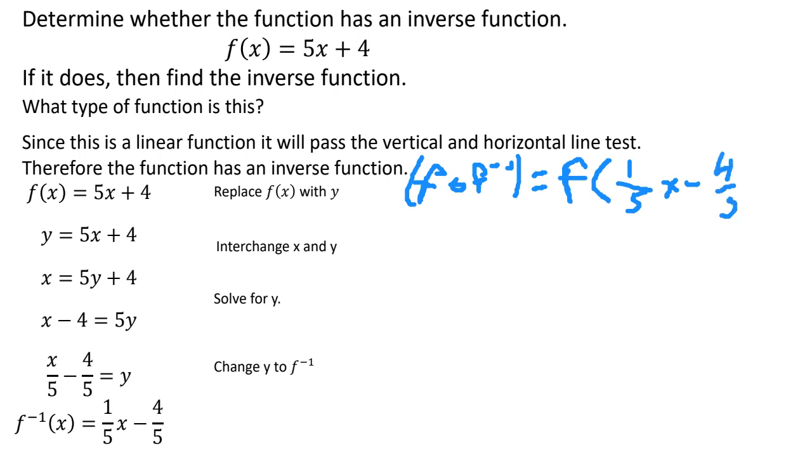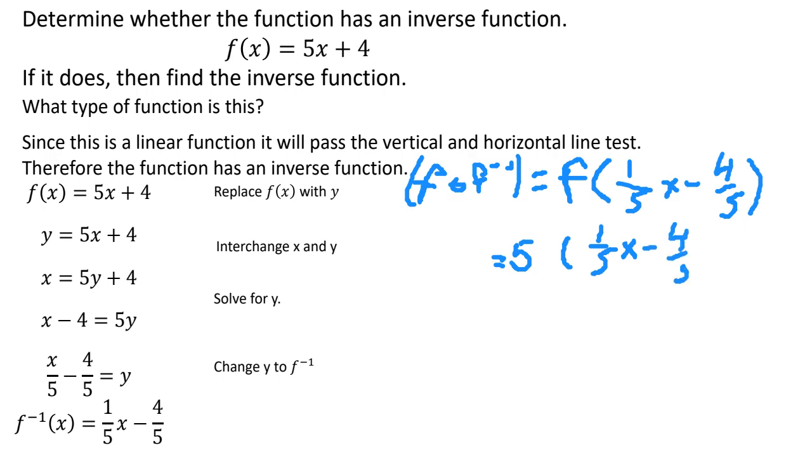So this value, everywhere I see x in the function f, I'm going to plug it in. So let's go ahead and do that now. So we have 5 times this value, 1 over 5 x minus 4 over 5.